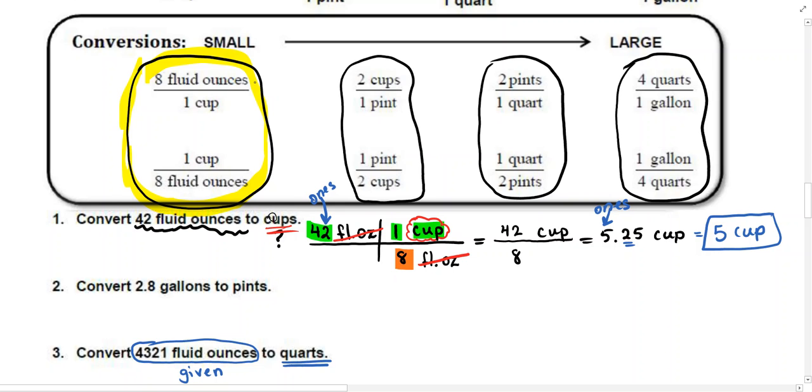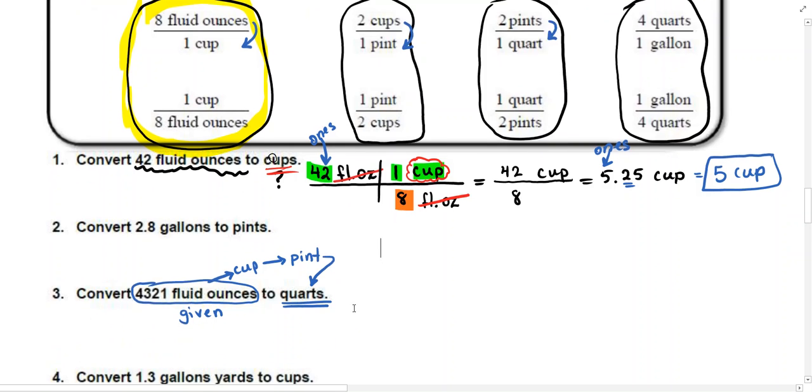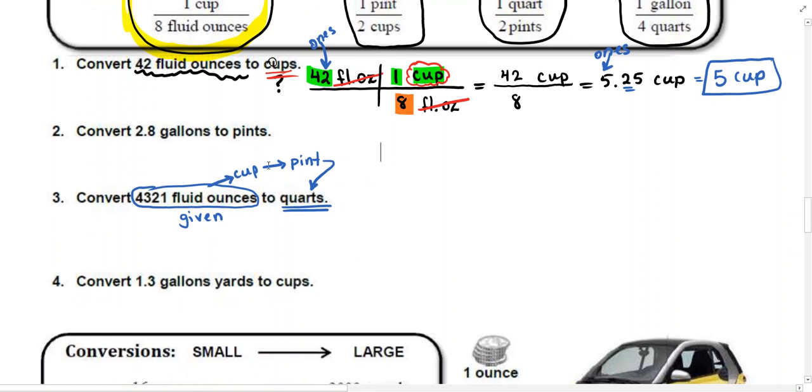Fluid ounces, we can go from fluid ounces to cup, from cups to pint, and from pints to quart. All right, so from ounces to cup, from cup to pint, and then from pint to quarts. 3 steps. Shall we get started?